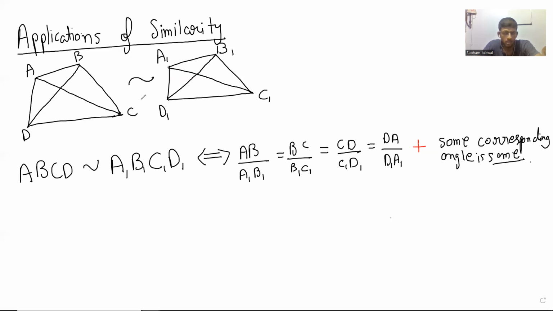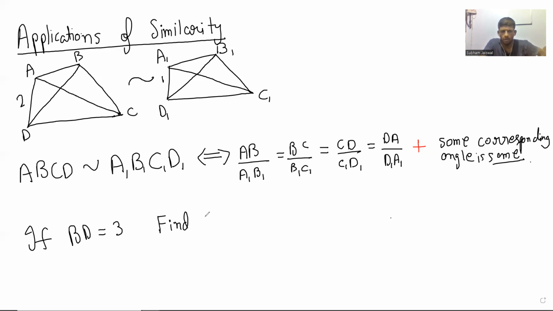This, and let's say they are similar. Now let's say that this is 2 and this is 1. Now if the quadrilaterals are similar, and BD is equal to 3, find B1D1.